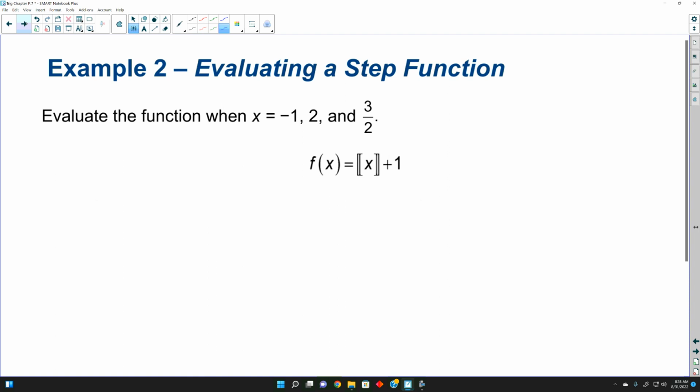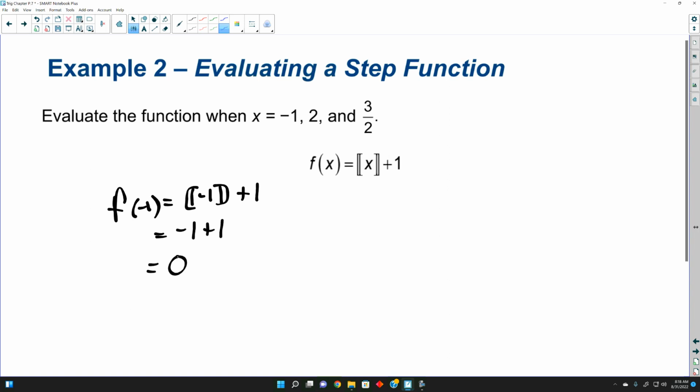So if we wanted to evaluate this step function at these values, because I think this would be helpful to see, we can start off with f of -1 is equal to the step function of -1 plus 1. Well, the step function value of -1 is just -1. Plus 1 is 0.